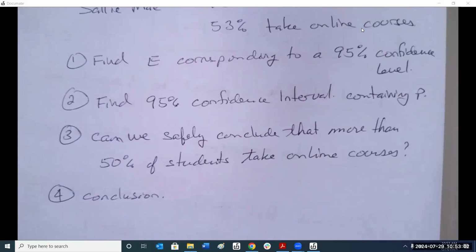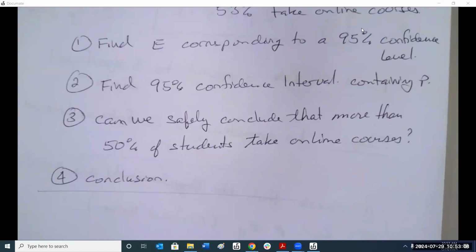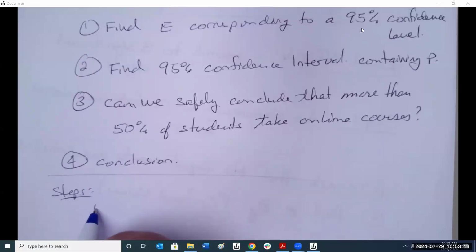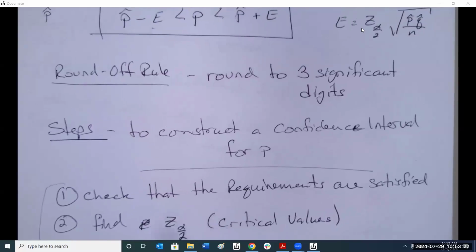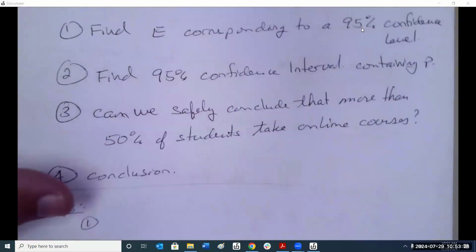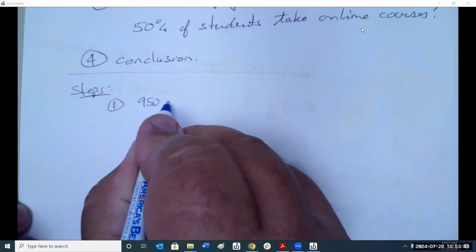So what's the first step? Well, first step, does it satisfy all the conditions? Check that the requirements are satisfied. So is it a fixed number of trials? What's the number of students surveyed? 950 students.